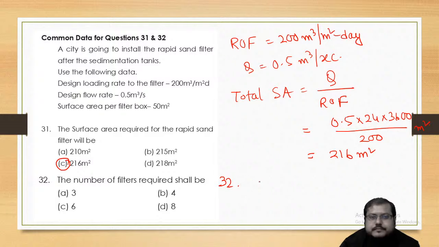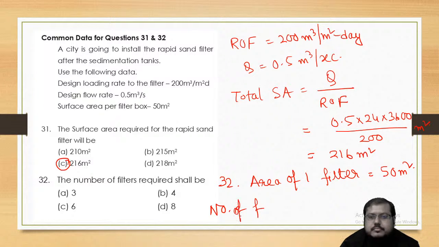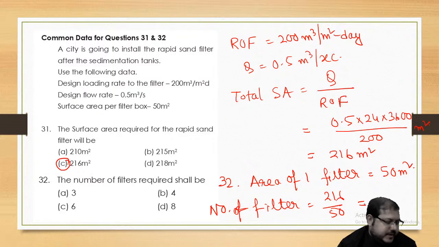For 32, area of one filter is 50 meter square. So number of filters is 216 by 50, it will be 4.32, but anything more than 4 will be 5.